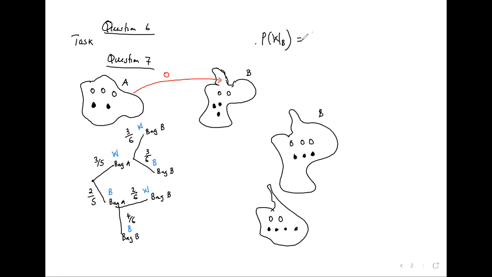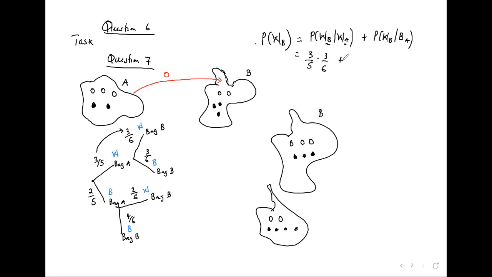It's going to be the probability of picking white in B, given that I picked white in A, or picking white in B, given that I picked black in A. So white in B, given white in A, I'll have 3/5 multiplied by 3/6.